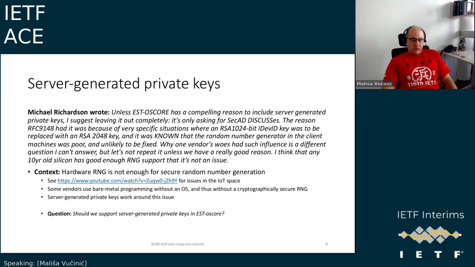So I believe we have somewhat of a consensus on keeping the option open and leaving the big fat warning, as Paul said, in the security considerations section on the pitfalls of doing this.